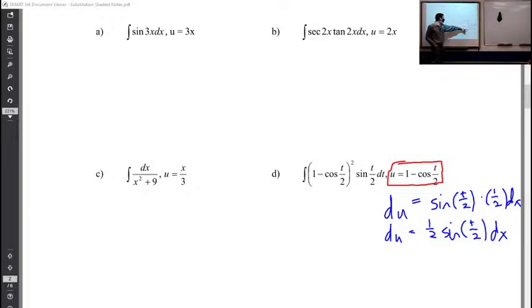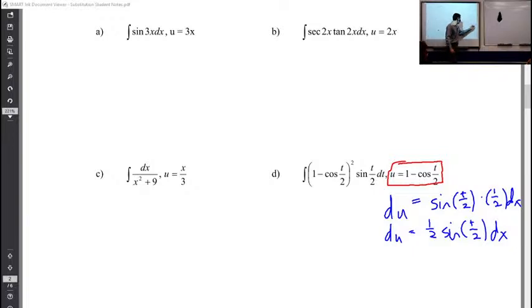And now I should be able to exactly replace. Well, hold on, there's a problem, because I can't exactly replace this since there's this 1/2 that's not in the problem. So we're going to move it to the other side so I know what exactly to replace sine of t over 2 dt with.